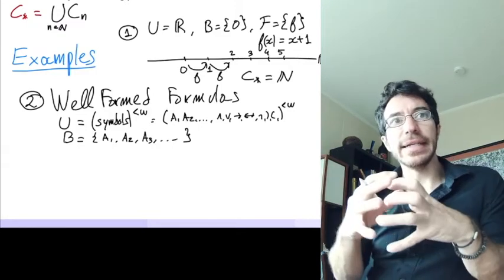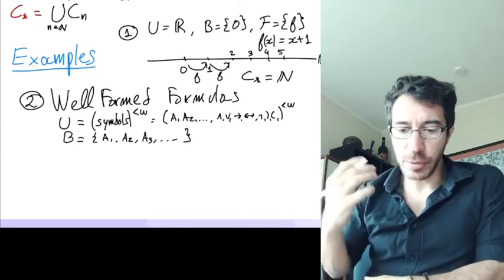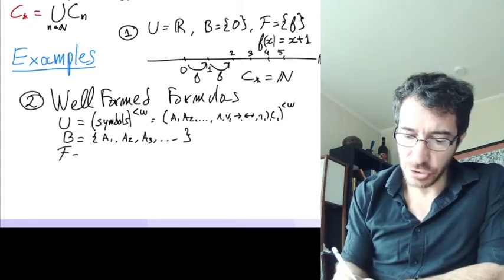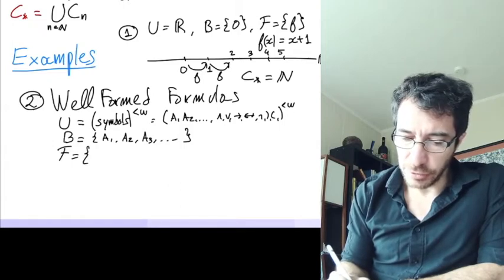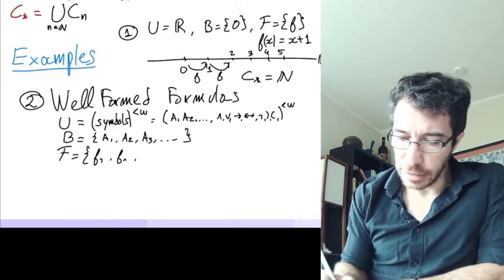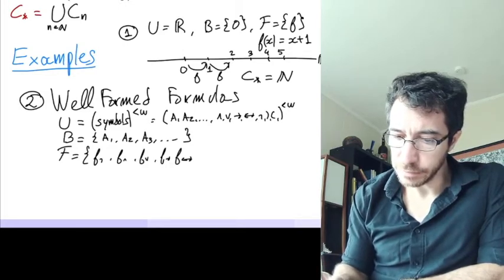And now we build the other ones from the variables up by applying the connectives. So our family of functions is going to contain a bunch of functions: f not, f and, f or, f implies, f if and only if.